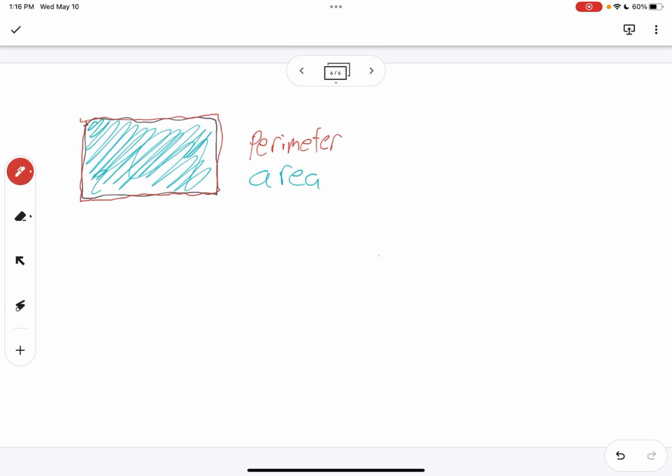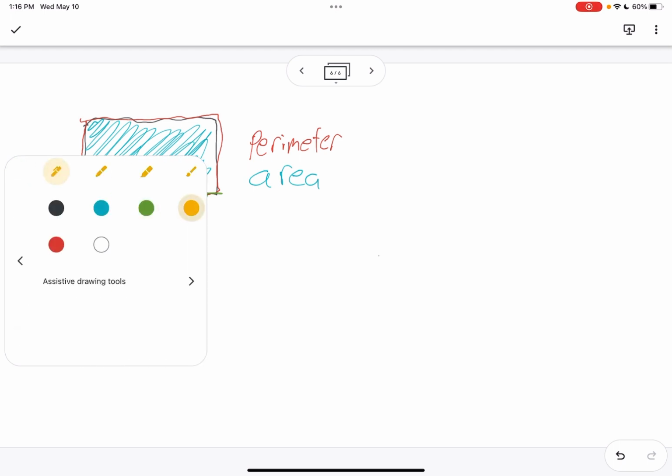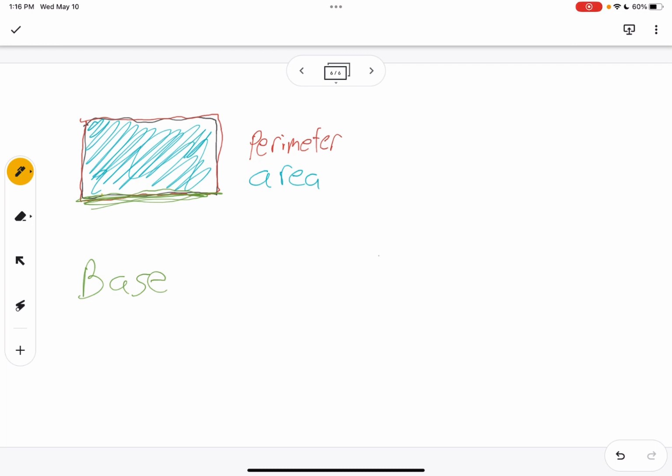So base times height, type base in green, base, which is right here at the bottom, times by height, which is the distance between the bottom, the base, and the top, okay?